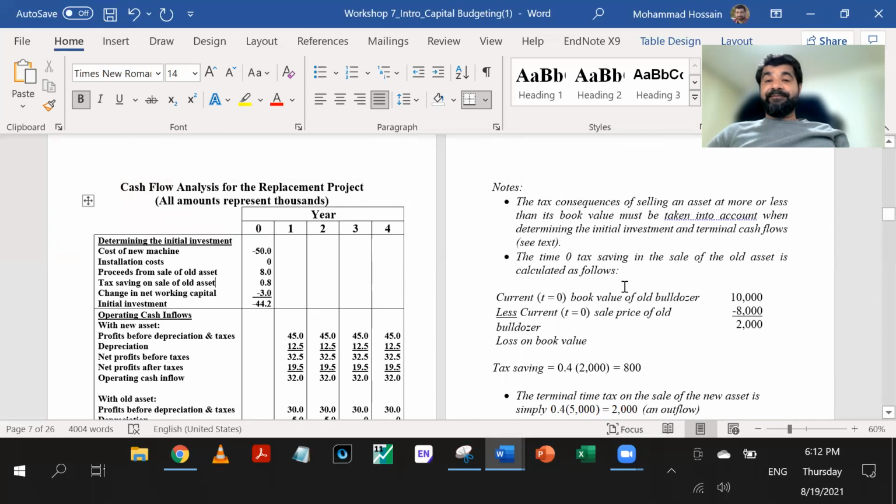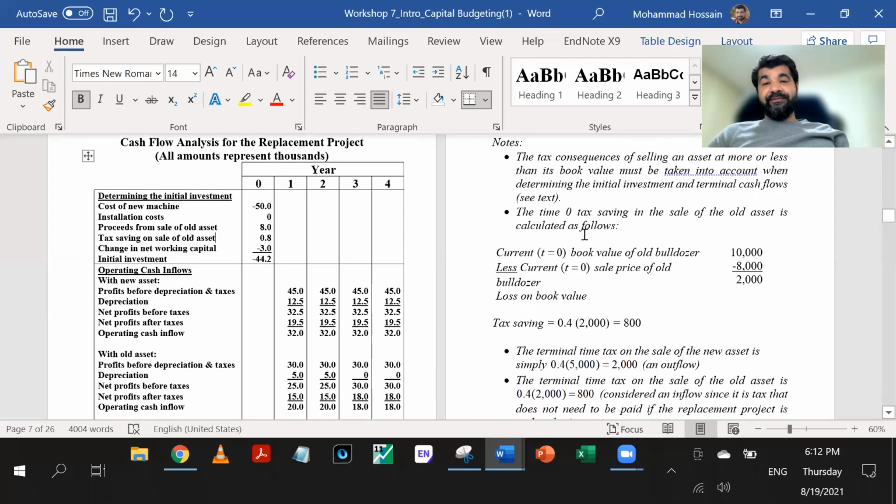The tax consequences of selling an asset at more or less than its book value must be taken into account when determining the initial investment and terminal cash flow. It's written in the textbook. The time zero tax savings on the sale of the old asset is calculated as follows.